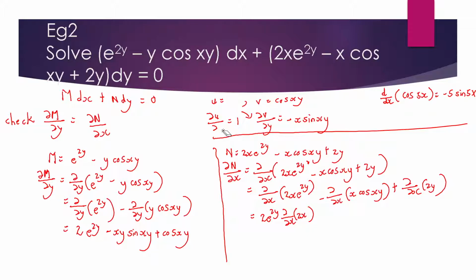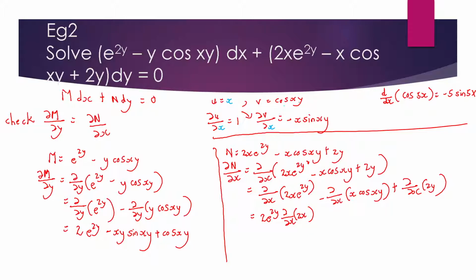This is del u del x. For del x of x cos xy, let u equal x. Then you del x u, the answer is 1.